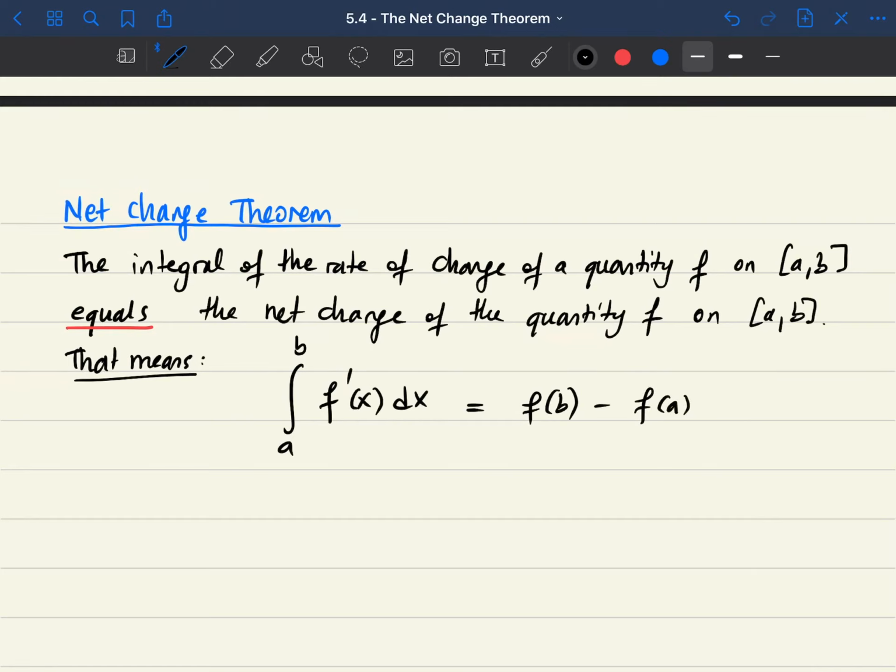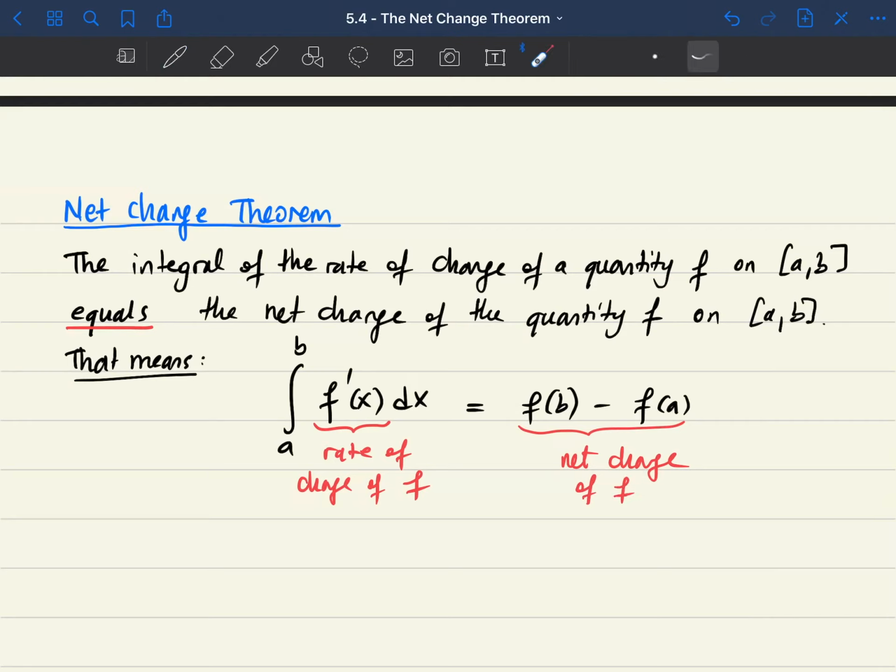So this means that the rate of change of f is equal to the net change of f. Okay? So the integral of the rate of change of f is equal to the net change of f. That's the statement of the theorem.